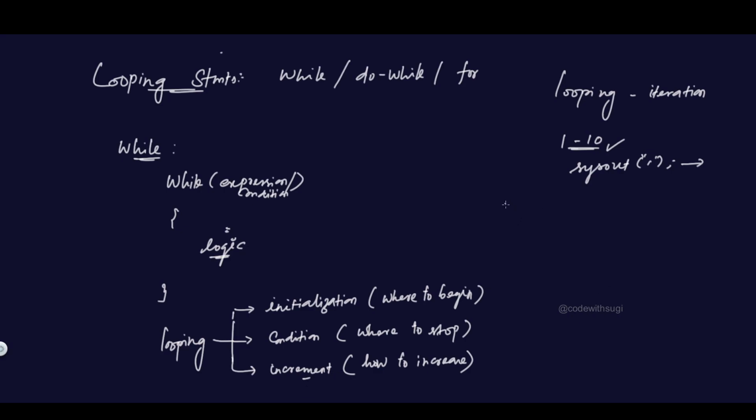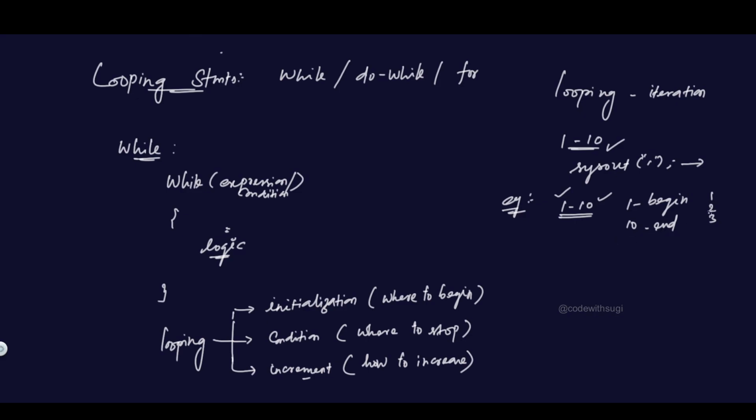I'm going to write one small example here. Let's consider I need to print the values from 1 to 10. Now I know where to begin and where to end. So 1 is the beginning point and 10 is the end point. After 10 I should not print. And I have to print 1, 2, 3 like this, right? So the current value always needs to be added with 1.